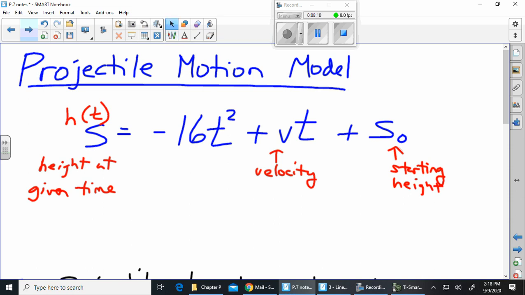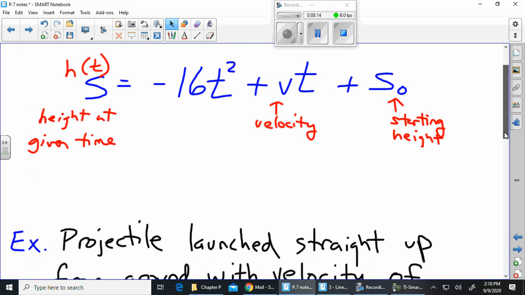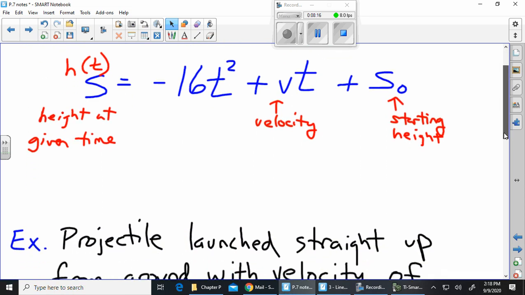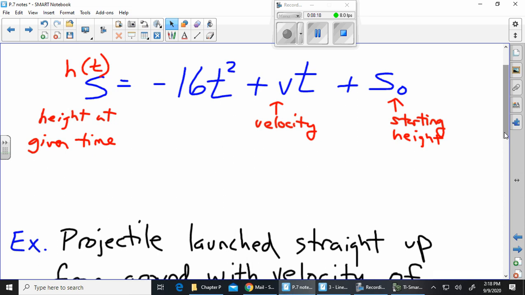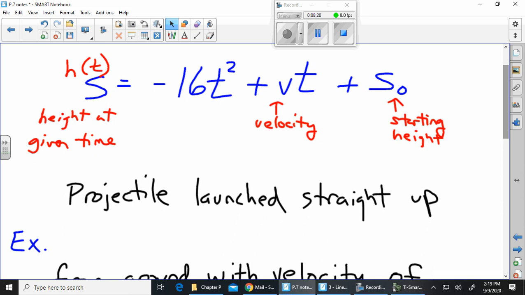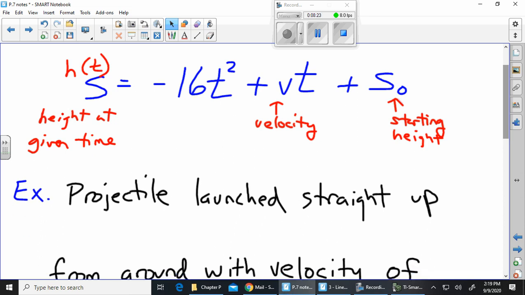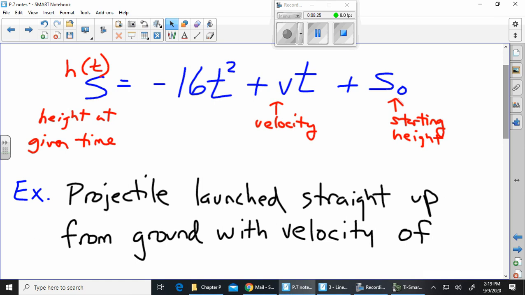The thing you want to think, we're doing these with a calculator. We are not doing any work by hand. So if I have that model and I say to you, this is bad English, I have some rocket, firework, whatever.